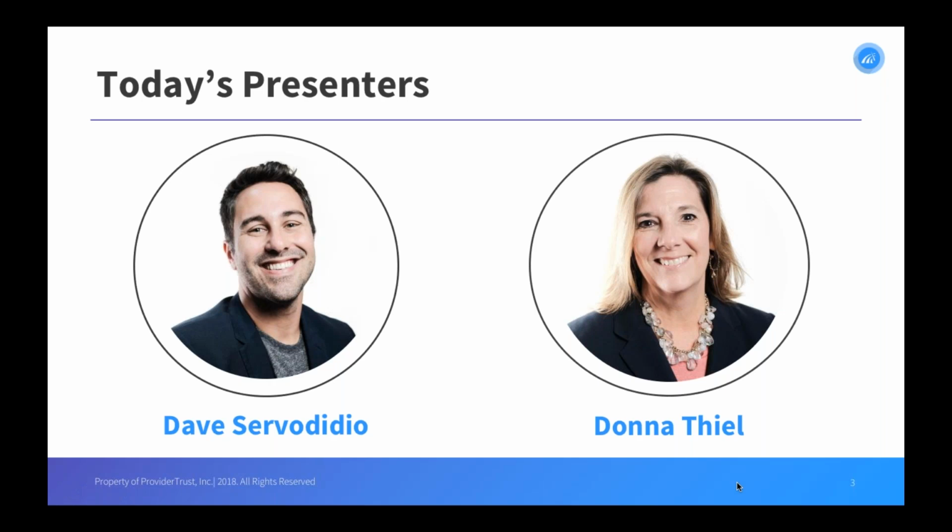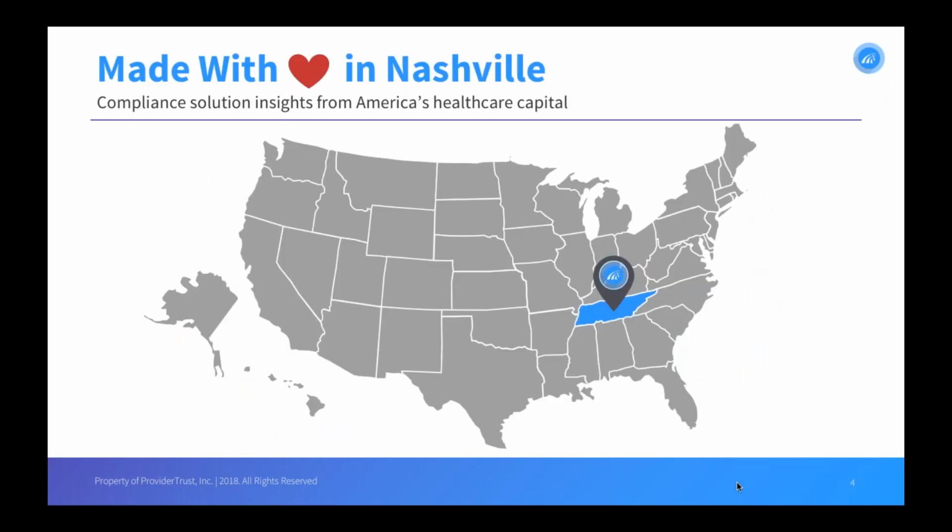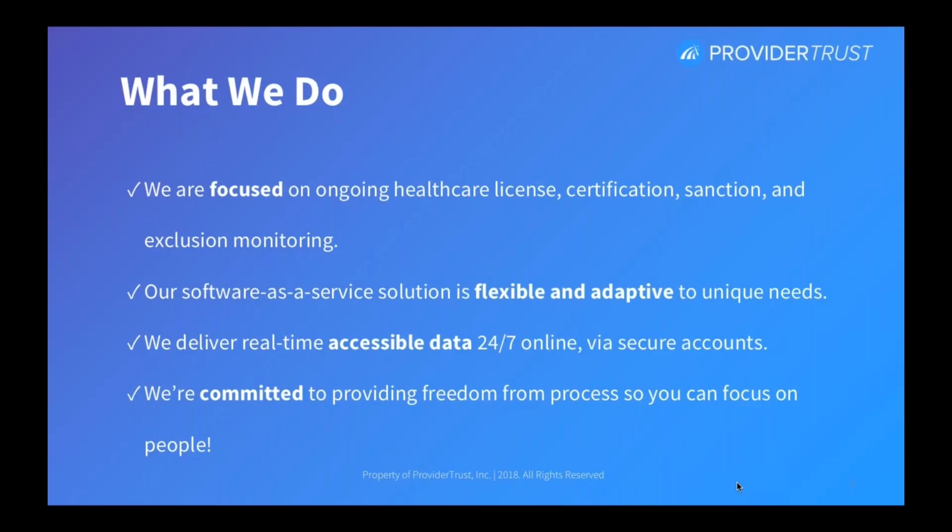A little bit about us before we go ahead and get rolling. We're Provider Trust. We like to say we're made with love in Nashville, delivering compliance solutions from healthcare's capital. What we do is pretty simple, right? We're a vendor that works with health systems, clinics, health plans, in the acute and post-acute world on the health system side, to do a lot of different things.